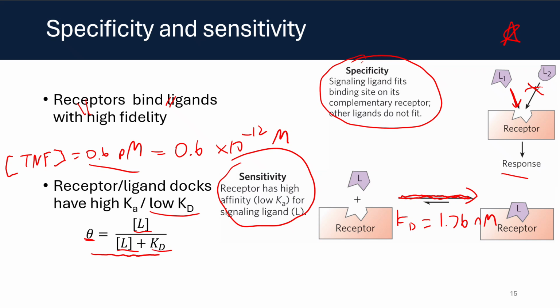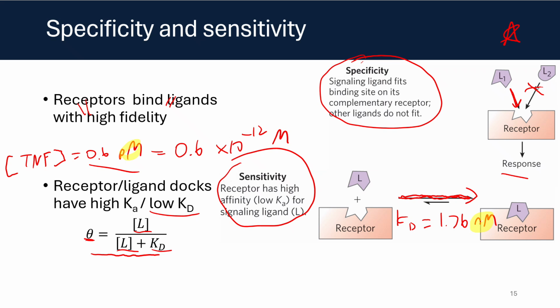So all we need to do is plug these numbers into this fairly simple fraction, and we can find out the theta value. I will warn you, though, that the units are different here. We have picomolar and nanomolar, and a picomole is 1,000 times more dilute than a nanomole.